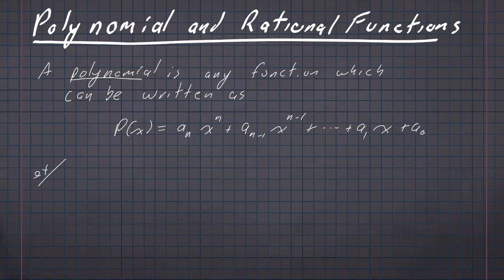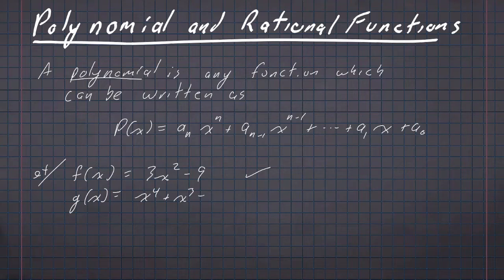So for example, something like f of x is 3x squared minus 9 is a polynomial. Something like g of x equals x to the fourth plus x cubed minus 2x squared minus 5x minus 42 is also a polynomial.